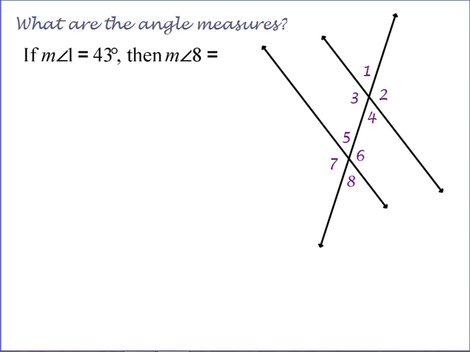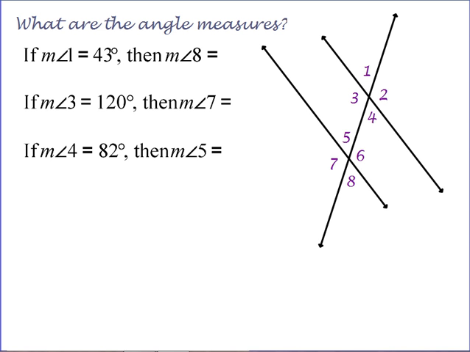So if angle 1 has a measure of 43 degrees, what's the measure of angle 8 going to be? Yeah, 43 degrees. If the measure of angle 3 is 120, then what's the measure of angle 7? Because they're corresponding angles, 7 is also going to be 120 degrees.